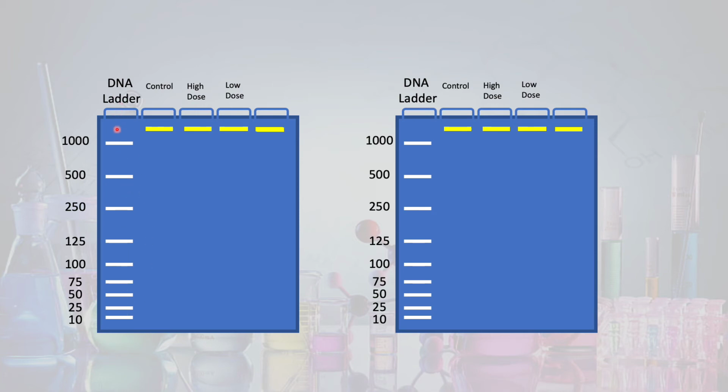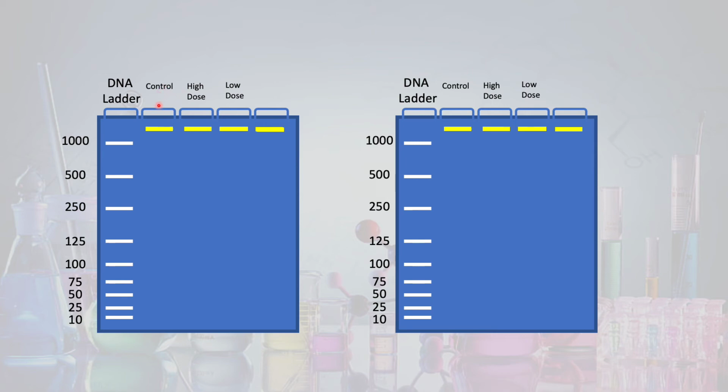And this allows us to figure out what size the DNA products we've amplified in the previous week are. Right? So again, to emphasize, we run known lengths of DNA in this lane so that we can compare them to the products we produced in our PCR.